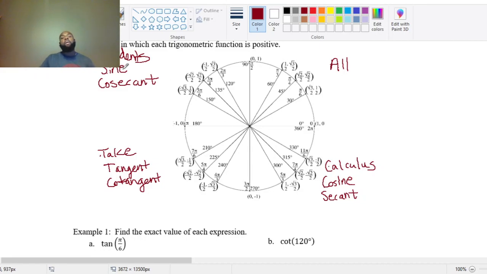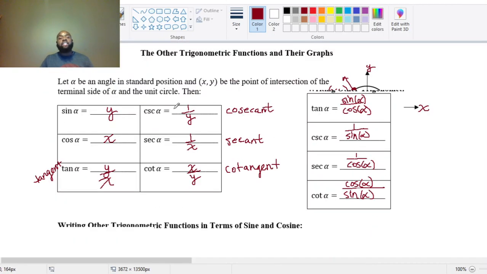Now, what you have to remember is that the other trig function that is the reciprocal of the trig function that's positive, that created that acronym, is also going to be positive. So what we can see is that sine and cosecant are reciprocals, right? That's y over 1, and this is 1 over y.